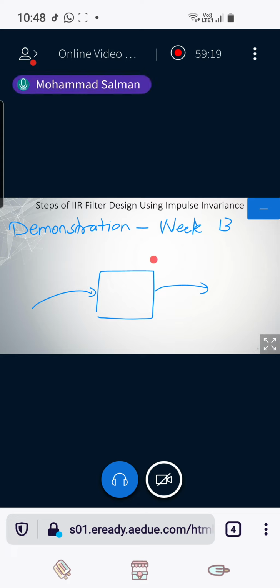This system could be hardware, it could be a program, and you give the program a certain input, you get a certain output. It could be hardware. It doesn't matter whether it's hardware or just a program. Do we understand?